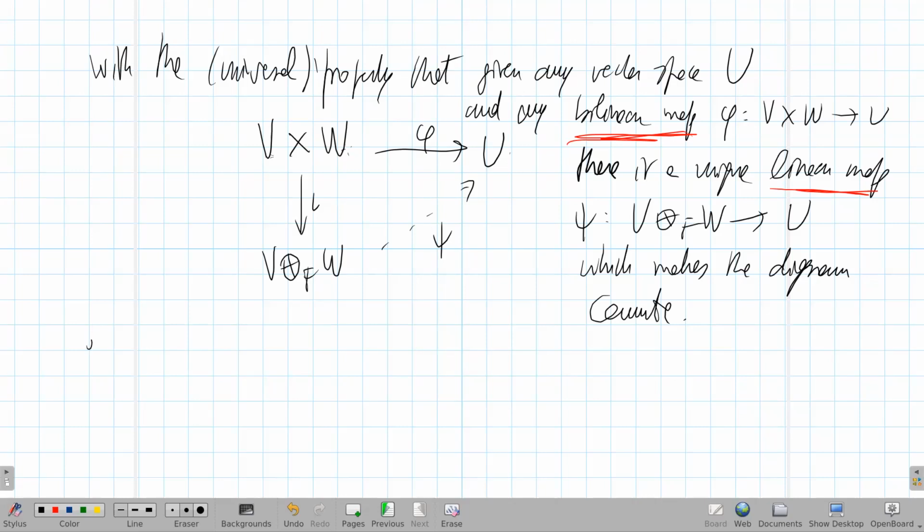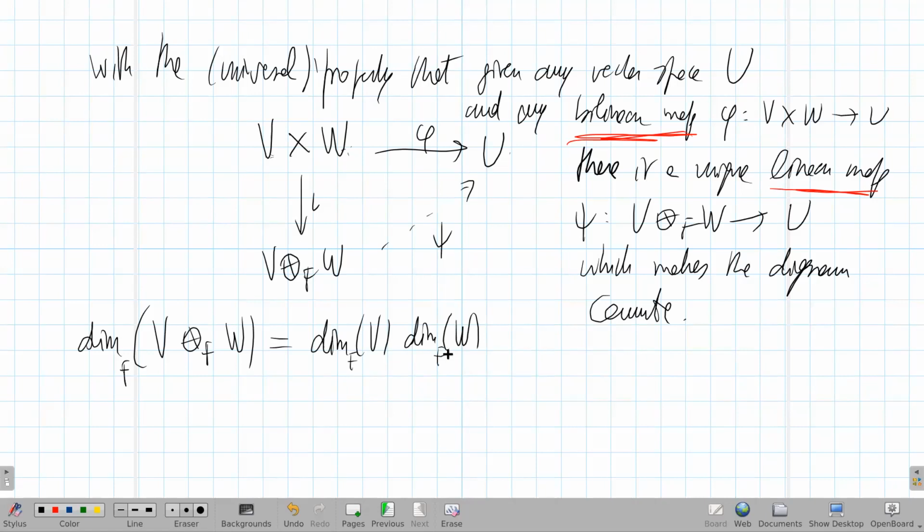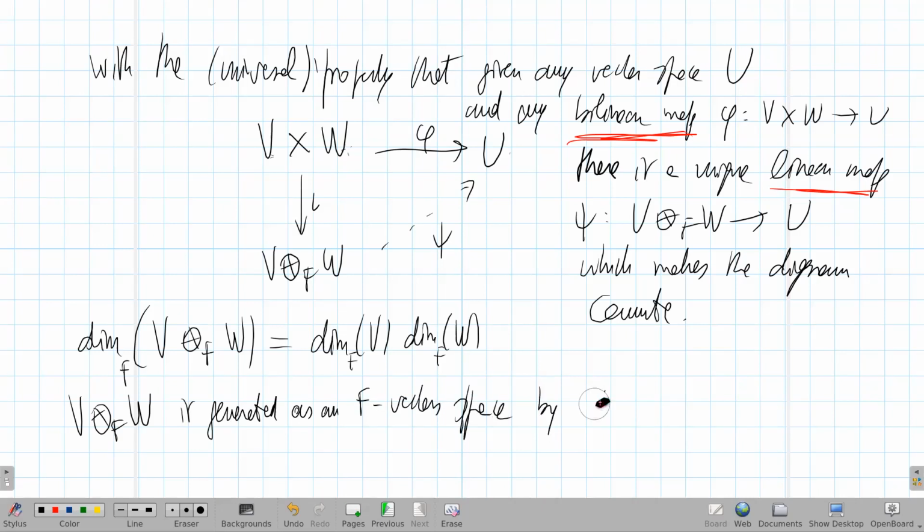For instance, one proves that the dimension of the vector space, recall that everything is finite dimensional, is the product of the two dimensions over F. Moreover, this tensor product, I'm just recalling things that you have seen in other courses, is generated as an F vector space by certain elements that we call V tensor W. This is a simple tensor, which is actually iota of V, W, where V is in V and W is in W. We could actually choose V and W to be bases of the two, but this is not very important.